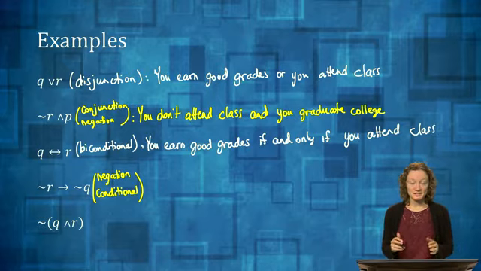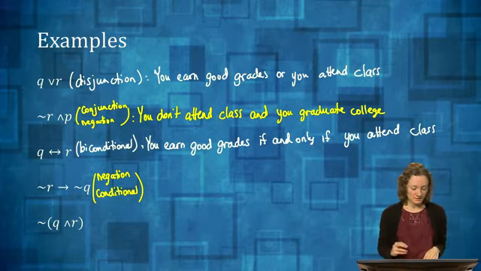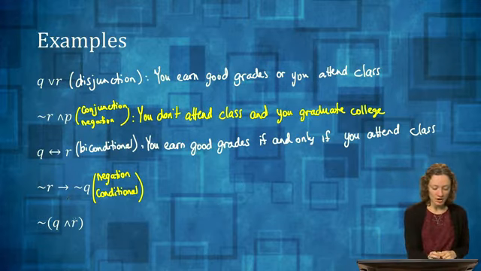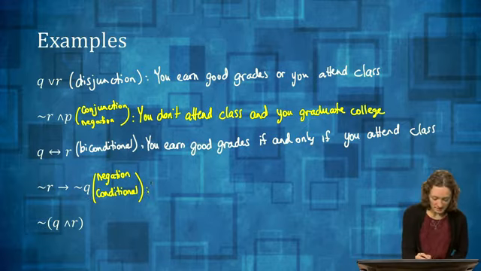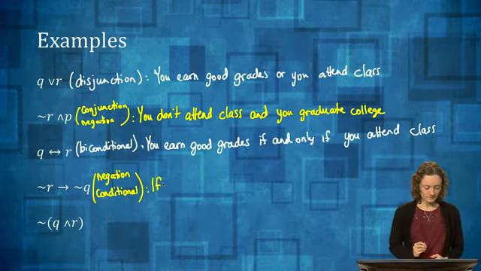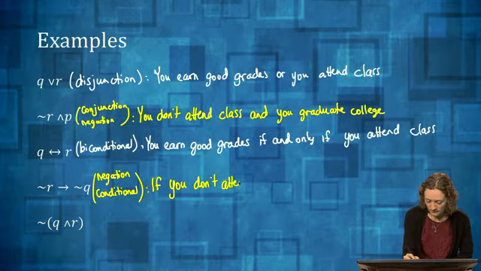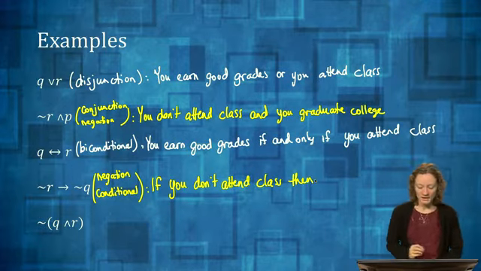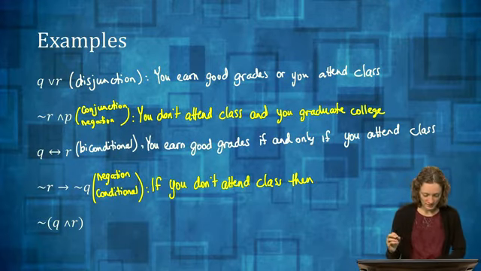Remember, the conditional is set up as if one thing, then something else. So we have if, negation R, then negation Q. So let's just fill in those pieces. If, negation R, statement R is you attend class, so negation R is you don't attend class. Then, negation Q, you don't earn good grades.